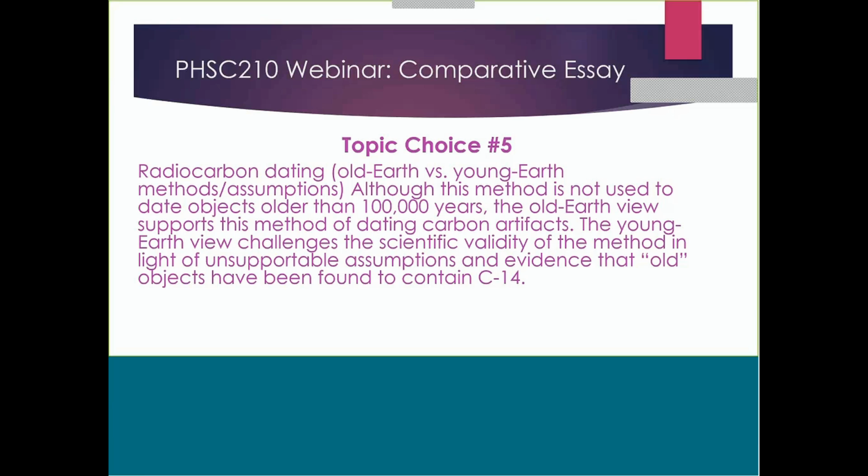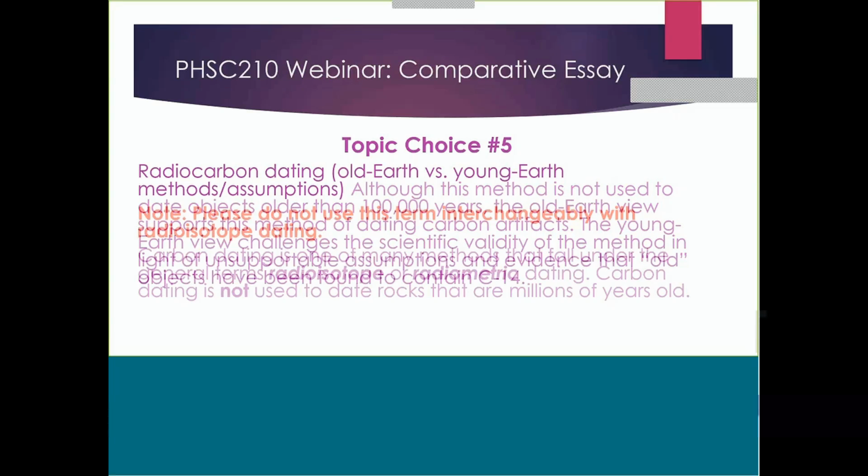This is one of the biggest misconceptions about radiocarbon dating. The old Earth view supports this method of dating carbon artifacts. The young Earth view challenges the scientific validity of the method in light of unsupportable assumptions and evidence that old objects have been found to contain C14. So I'm actually giving you quite a bit of a hint there if you choose that topic.